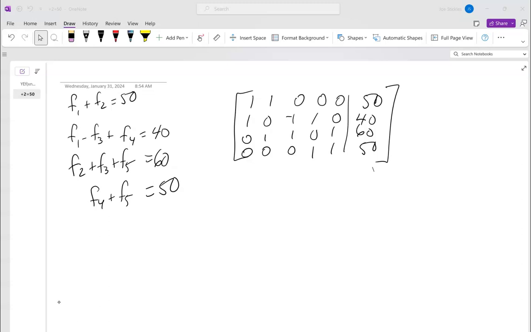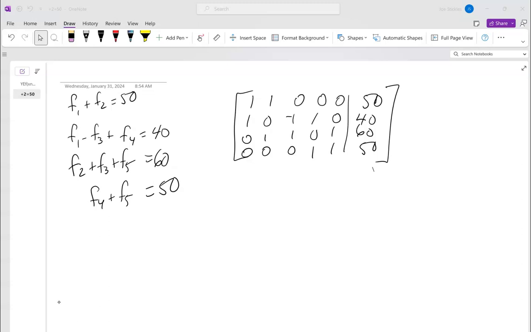Oops, -1. And hopefully I'm not going too fast where I've made any errors as I'm typing along. All right. So go in here and get our reduced row echelon form for A.